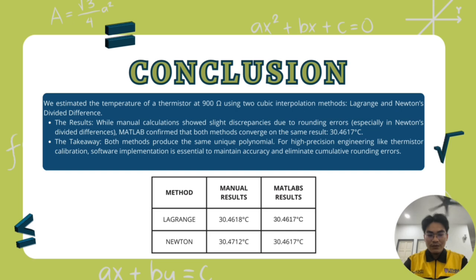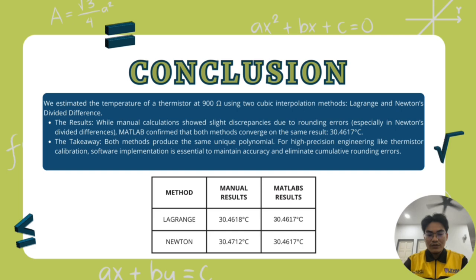We first perform this calculation manually. As you can see on the slide, there was a slight variance between the two manual results. The difference in the manual Newton calculation, about 0.01 degrees Celsius, stems from the cumulative effect of rounding very small values during the second and third divided difference stages.